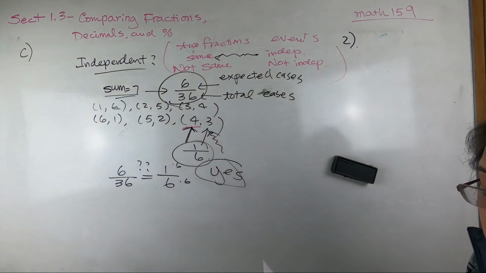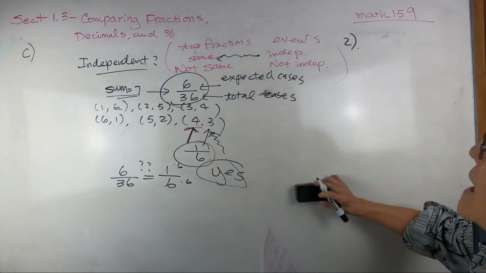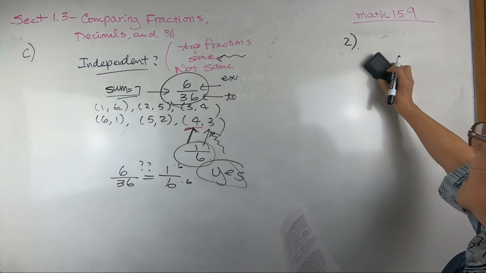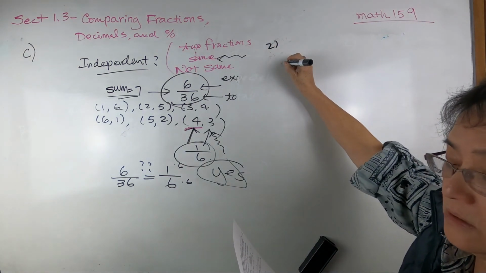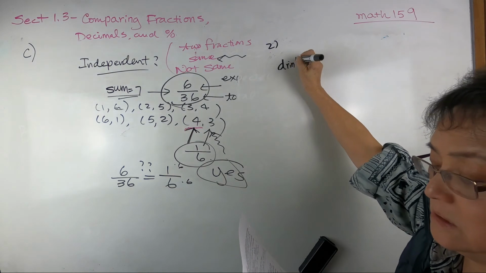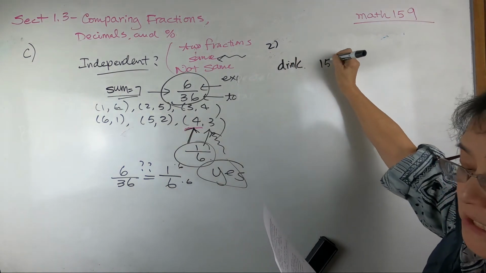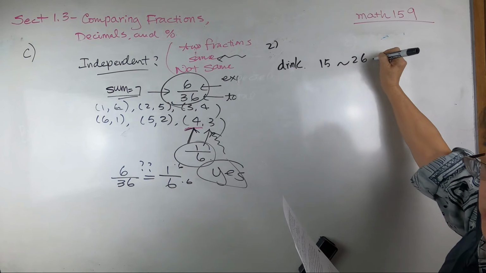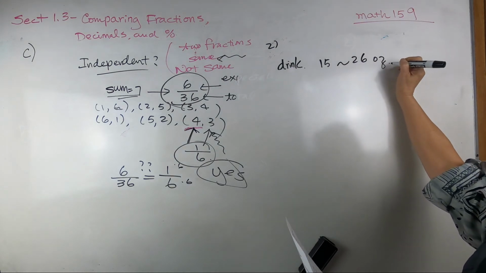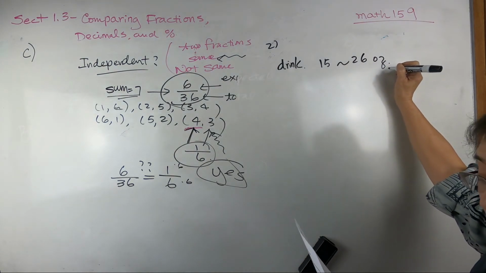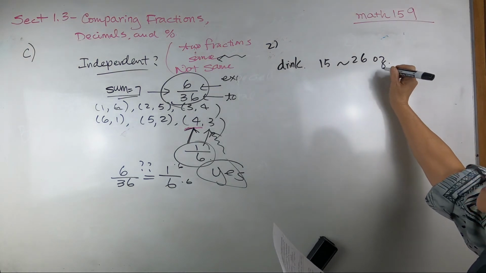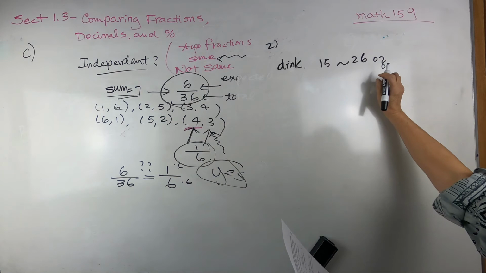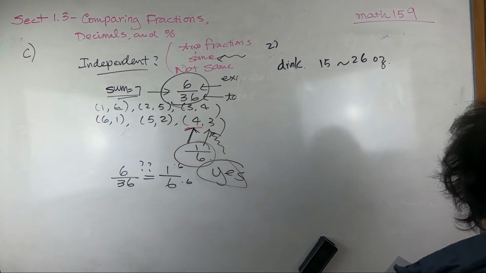Given that the number of ounces of a medium-sized drink is between 15 and 26 ounces, what is the probability of randomly selecting one less than 22 ounces?